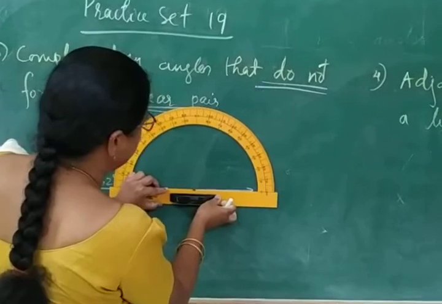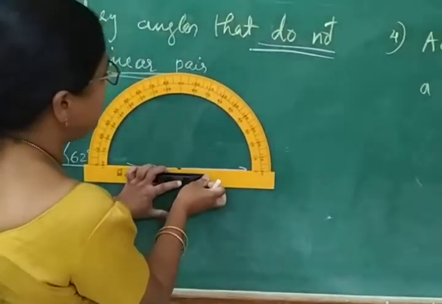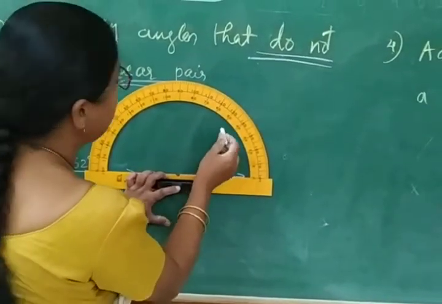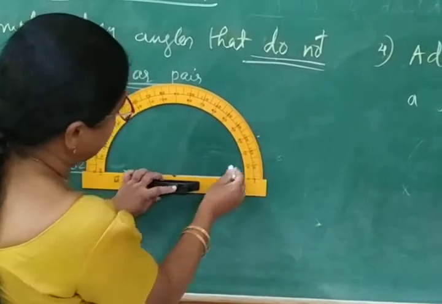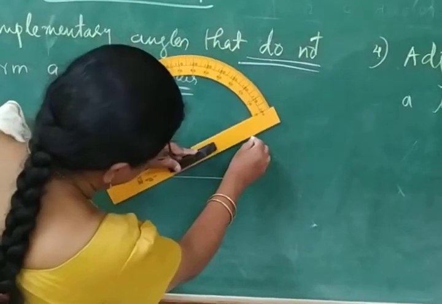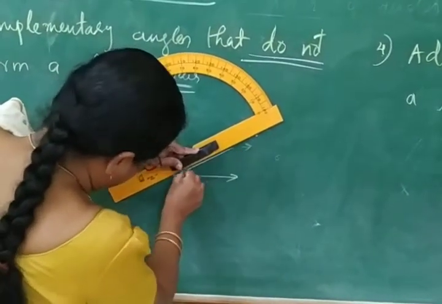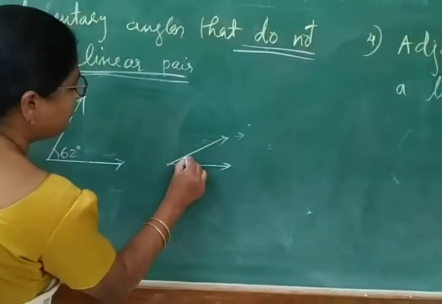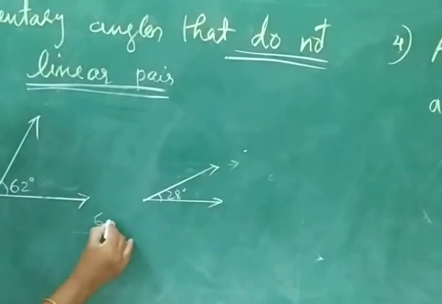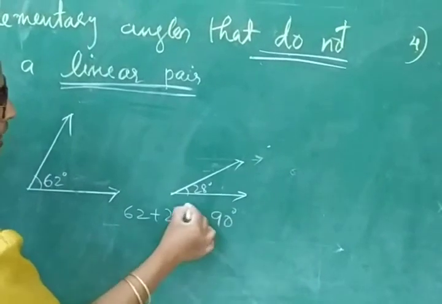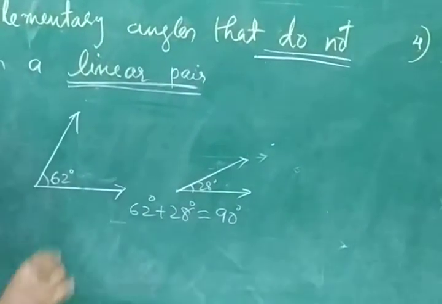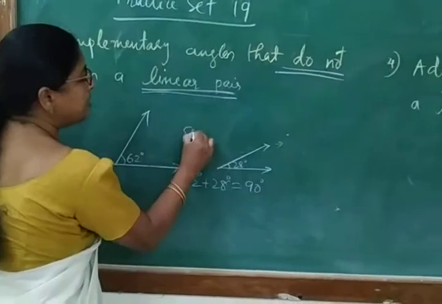So this is of 28 degree. 62 plus 28 coming 90 degree. So these two angles are complementary.